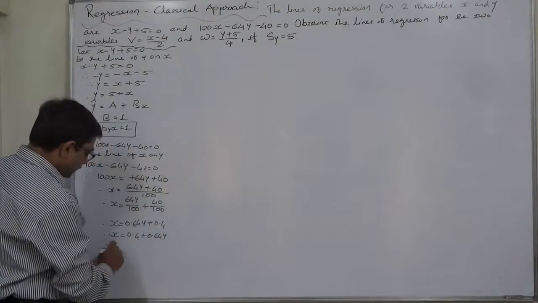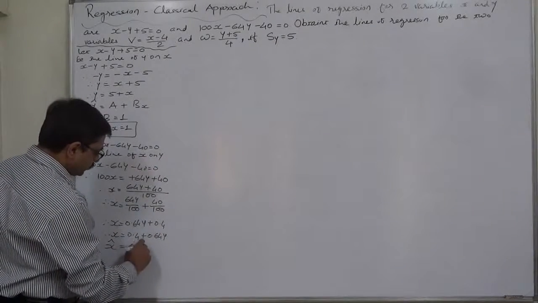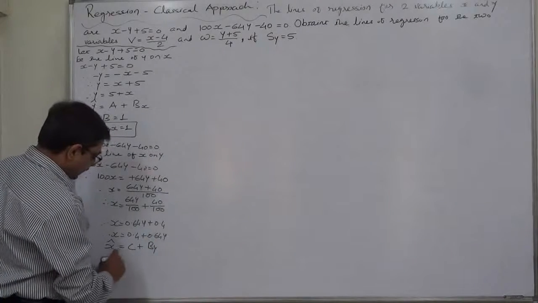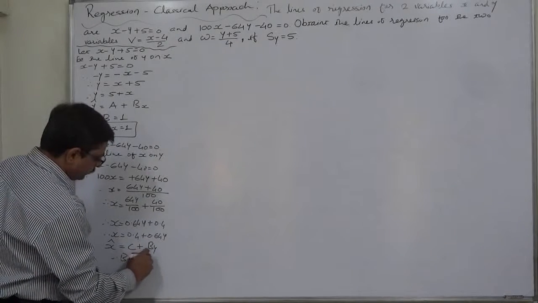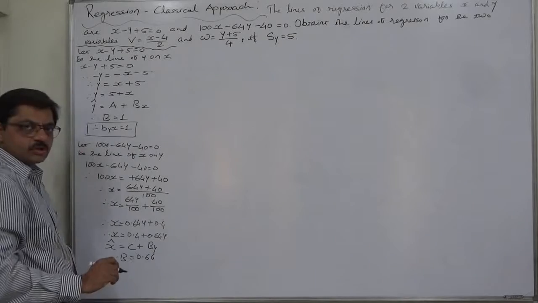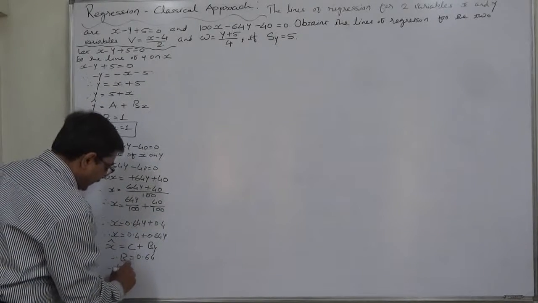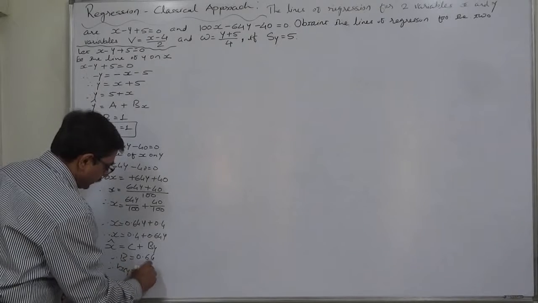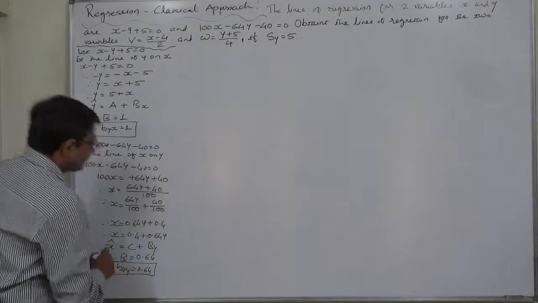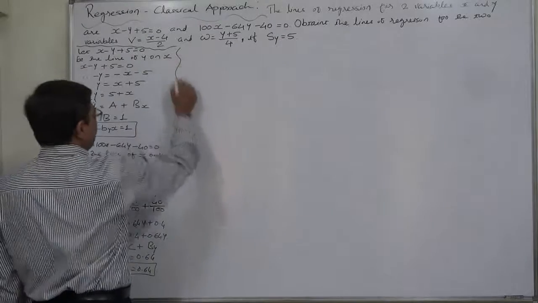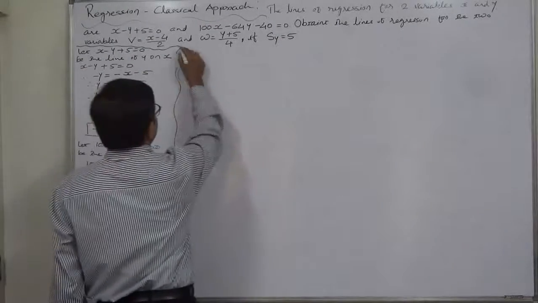Let's compare it with the standard form x cap equals c plus by. That means b is 0.64, and in the line of regression of x on y, b stands for bxy. Therefore, bxy equals 0.64. On the basis of this, we can now easily find the coefficient of correlation.